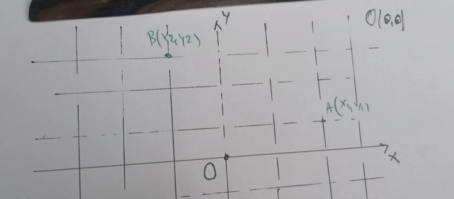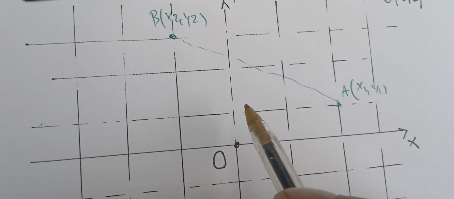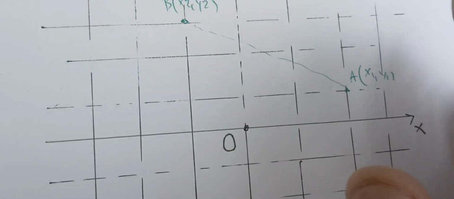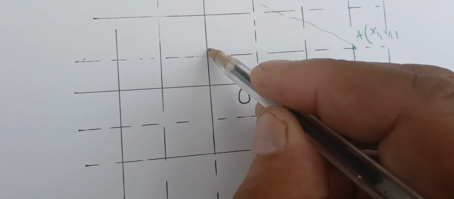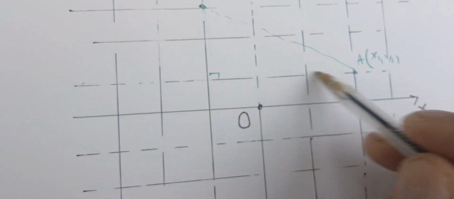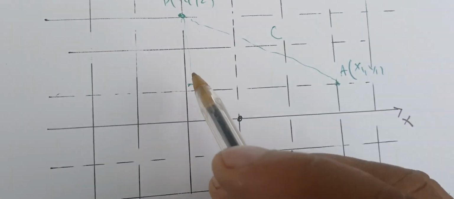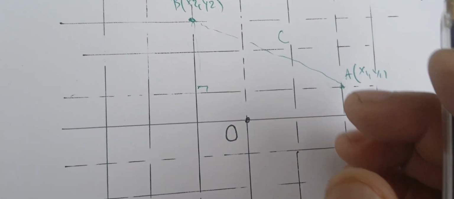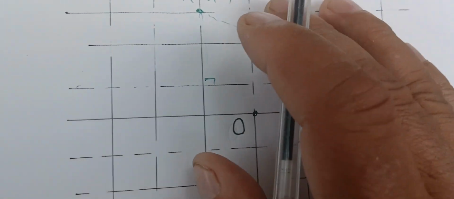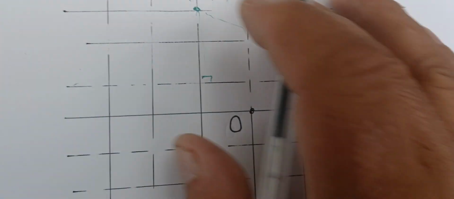So to compute this distance between A and B, we are used to think of this one as a triangle and computing this distance as a C using the square root. Okay, here we are applying the Euclidean geometry, but basically we are using the Pythagorean theorem.